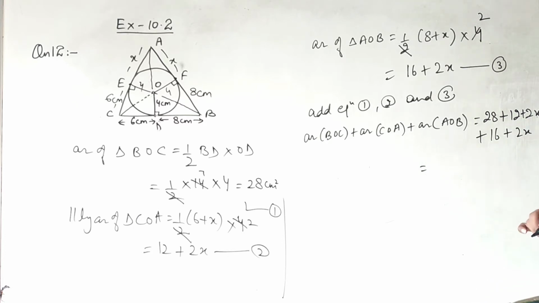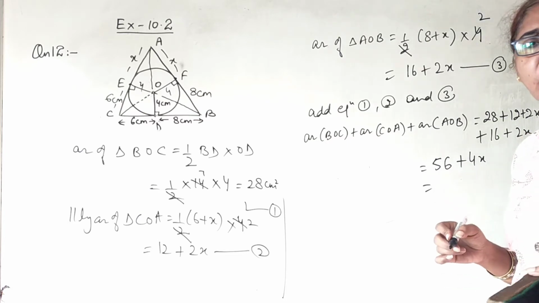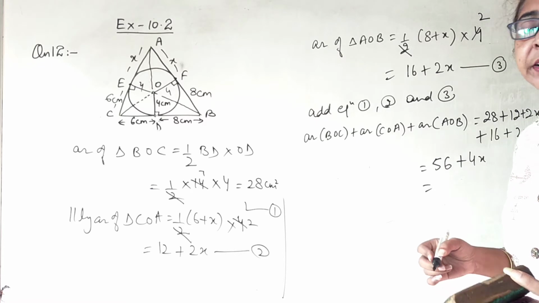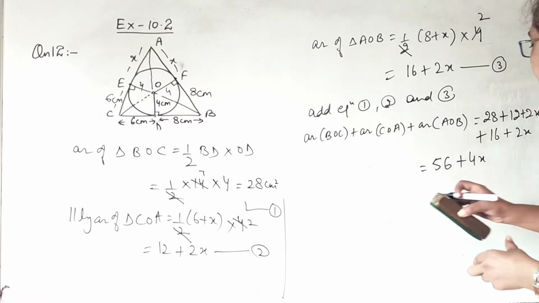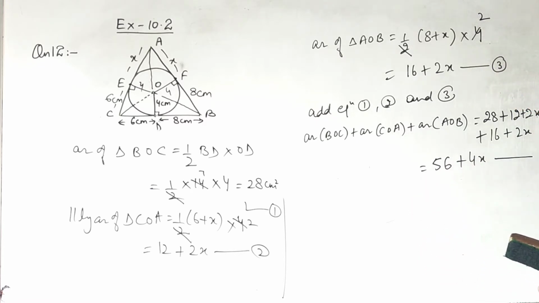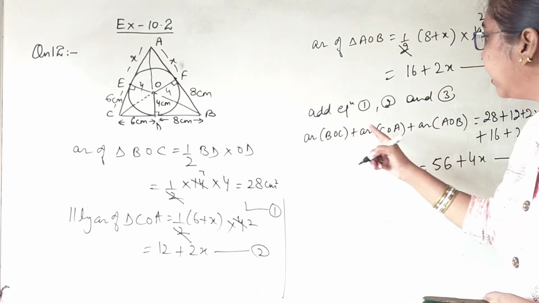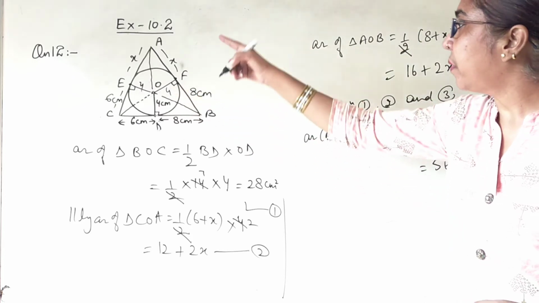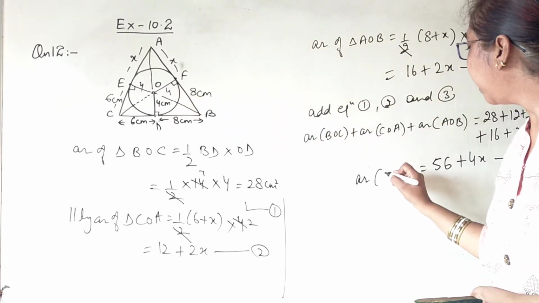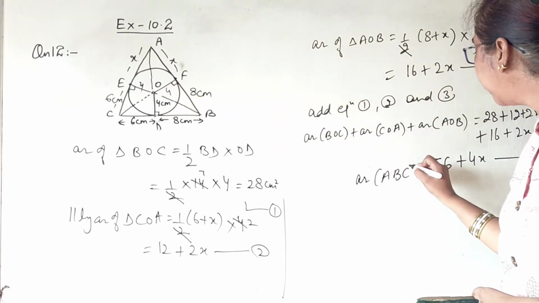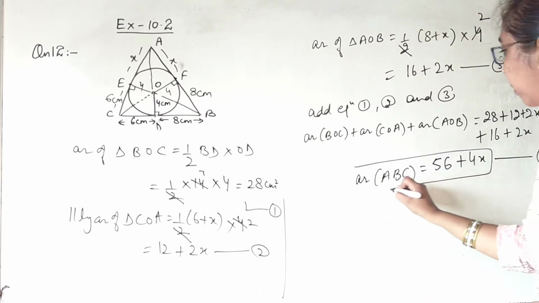So it will be equal to 16 plus 12 is 28, 28 plus 28 is 56, and 2x plus 2x is 4x. You can take out the common factor now or later, so I will just leave it up to here. This is the 4th equation, and if I add these 3 triangles, I will get the triangle ABC. So this will be the area of triangle ABC. This is a very important equation here.